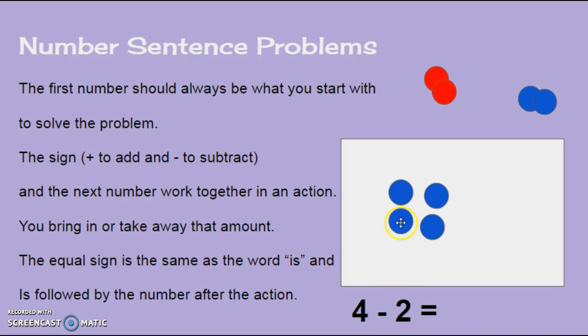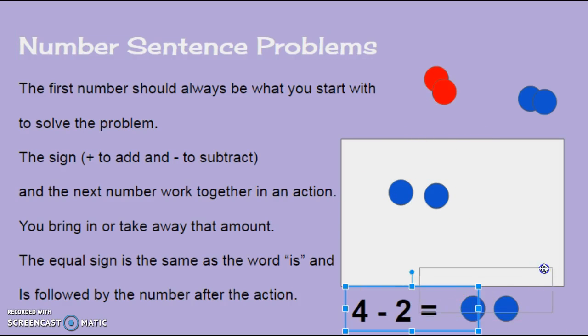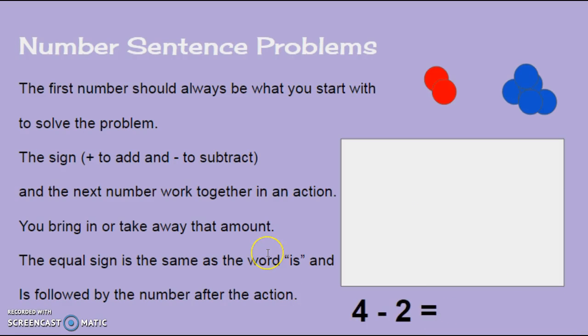So again, I like to keep it on screen somewhere where I can see it, so I know that I have done my action correctly to what I'm seeing. So I had 4 originally, I took away 2, and now what is left? Oh, and I do need to move this out of the way.